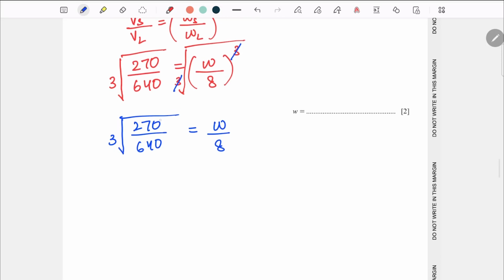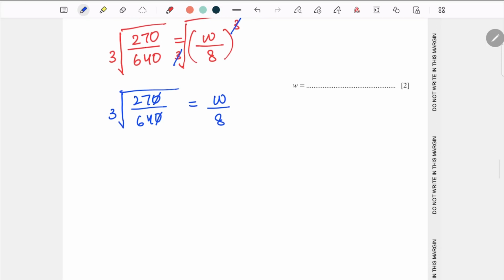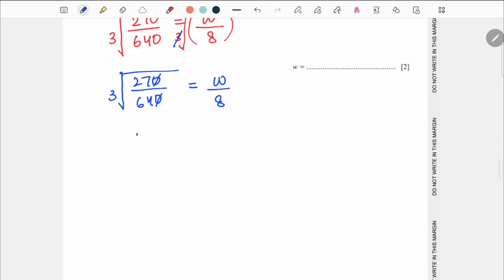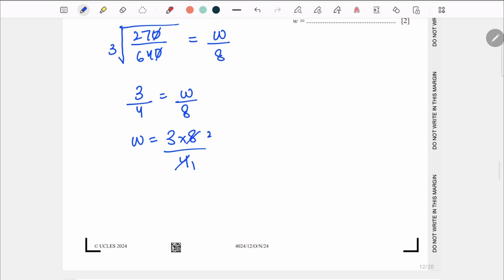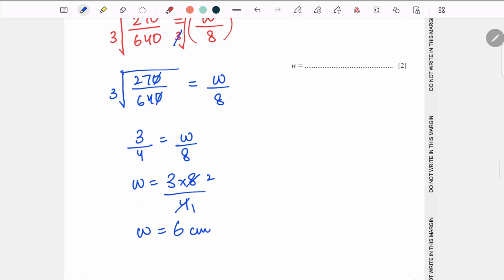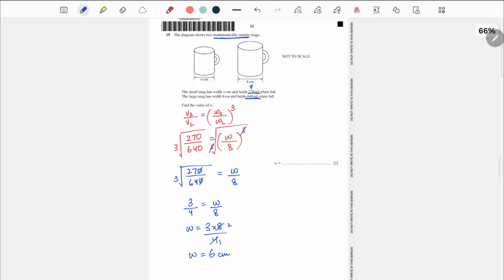Now inside the bracket, this and this can cancel out. So 27 and 64, these are perfect cubes. 27 is a perfect cube of 3 and 64 is a perfect cube of 4, is equal to width divided by 8. W is equal to 3 into 8 divided by 4. So 4 ones are 4, 4 twos are 8, and 3 into 2 is 6. So the width is going to be 6 centimeters for the smaller cup.